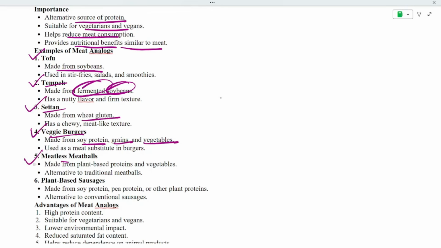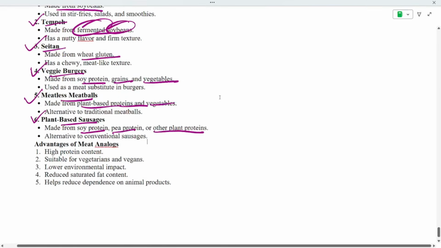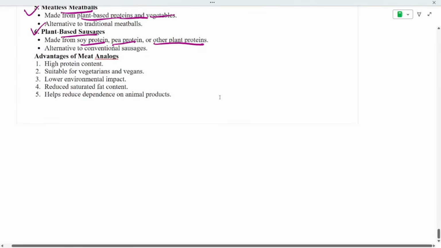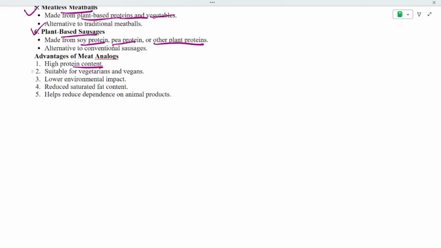Meatless meatballs, that is plant-based protein and vegetables, and plant-based sauces, that is soy protein, pea protein, and other plant-based protein that they can use. Importance is high protein content, suitable for vegetarians and vegans, lower environmental impact, reduced saturated fat content, and it helps to reduce the dependence on animal products.